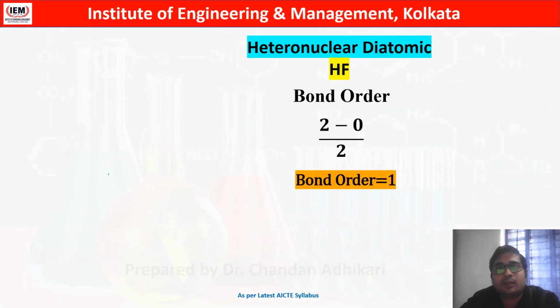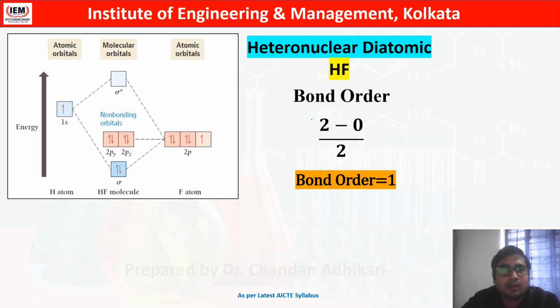Now similar to that, if I consider HF, then again everything will be the same. The only thing is that in this case hydrogen has only 1s1, so it will combine with the 2p orbitals of fluorine, and fluorine has very high electronegativity, so the energy difference will be very, very high.